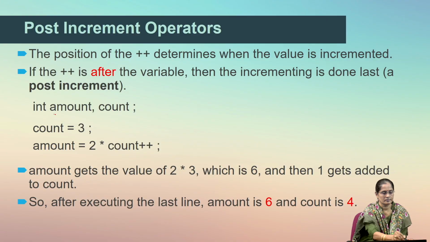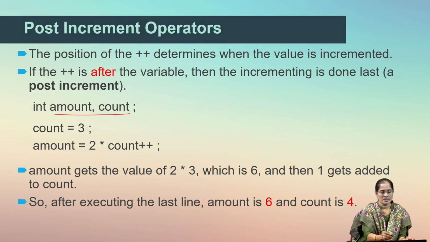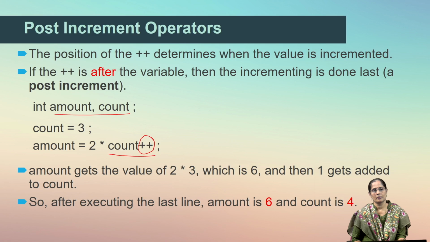Say, for instance, I take two variables, amount and count. Count is assigned the value 3. Amount is now equated to 2 into count plus plus. When I say count plus plus here, the operator is placed at the end, after the variable.